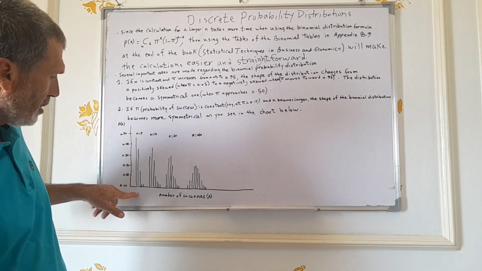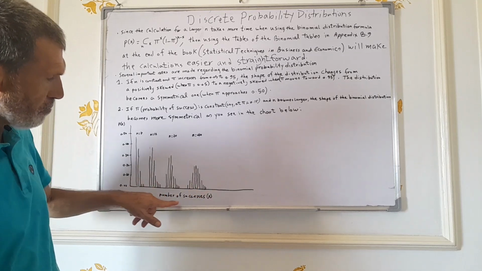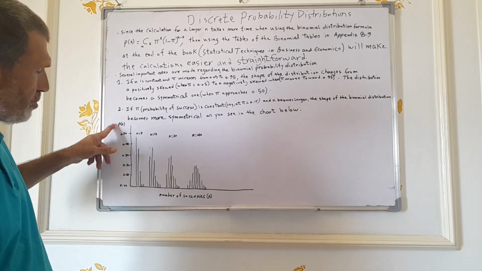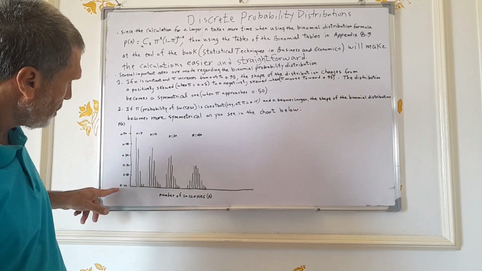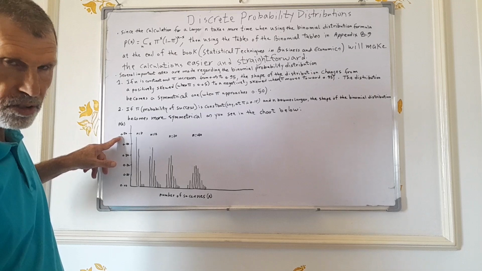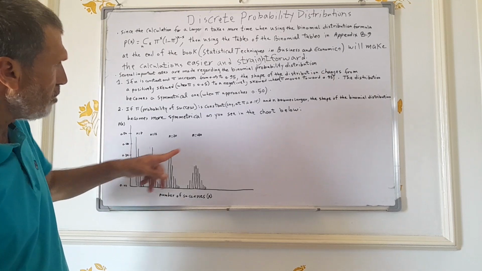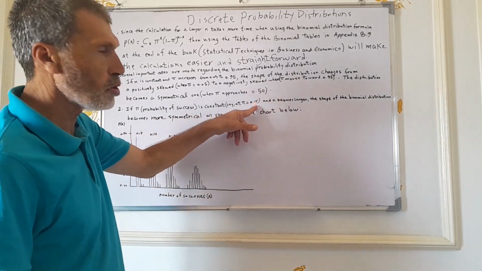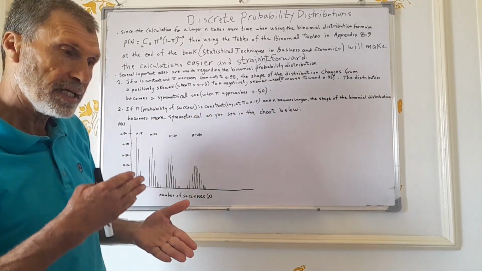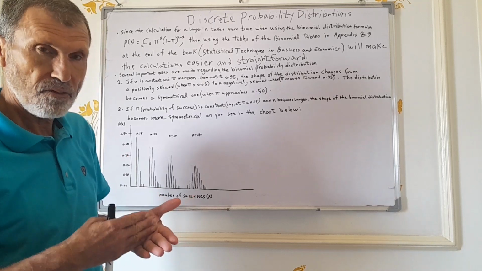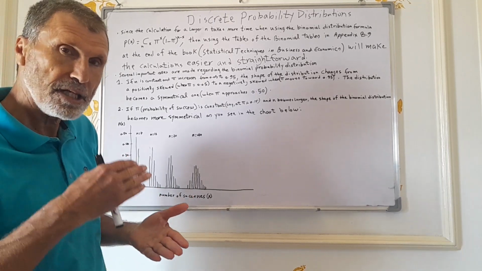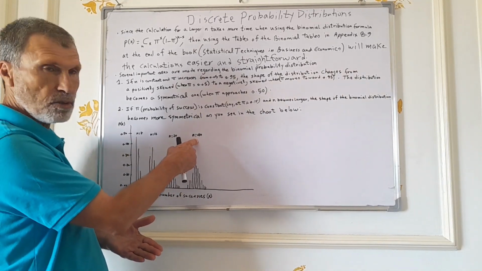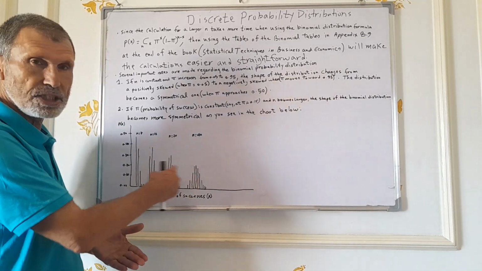As you can see here, along the horizontal axis we have the number of successes, x, and along the vertical axis we have the probabilities, from 0 all the way up to 0.5. Here the probability of success, pi, is fixed at 0.15. However, the number of trials increases from n equals 7 all the way to n equals 40. So what happens to the shape of the distribution?